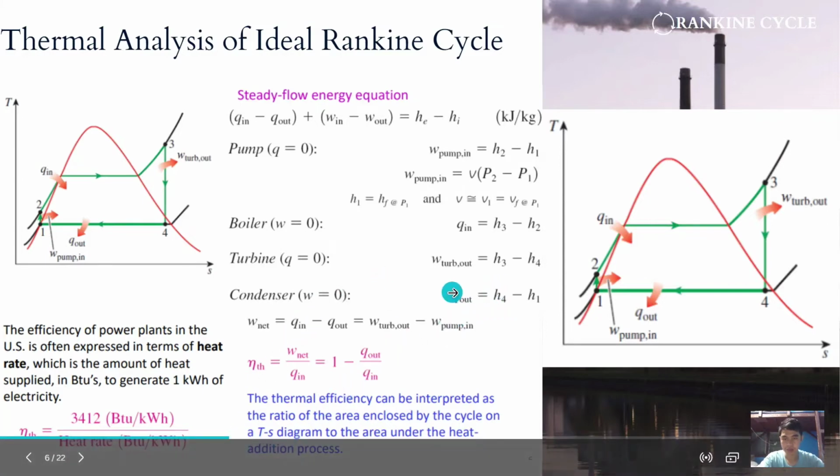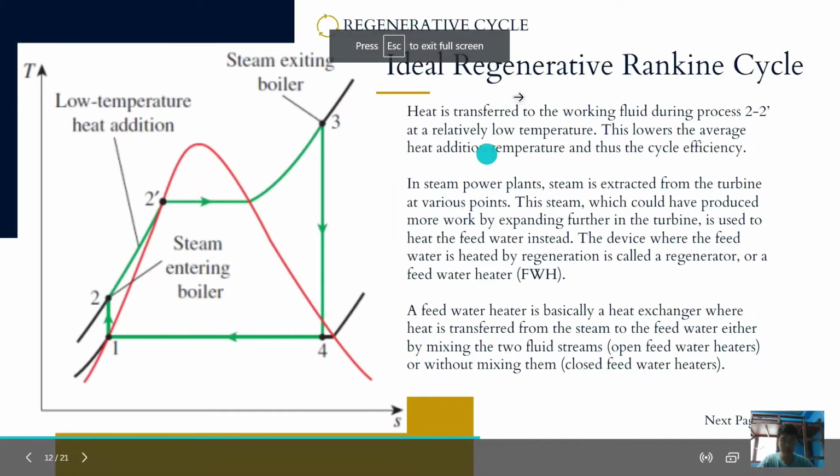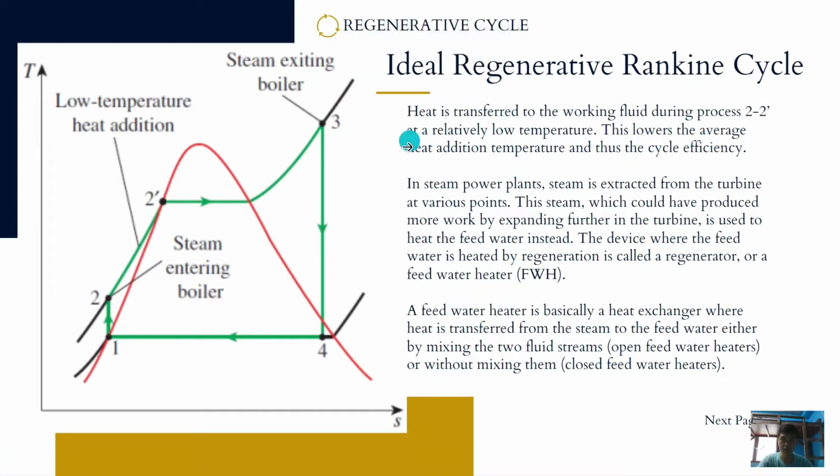Next, the ideal regenerative Rankine cycle. Heat is transferred to the working fluid during process 2-2' at a relatively low temperature. This lowers the average heat addition temperature and thus the cycle efficiency. In the steam power plant, steam is extracted from the turbine at various points.